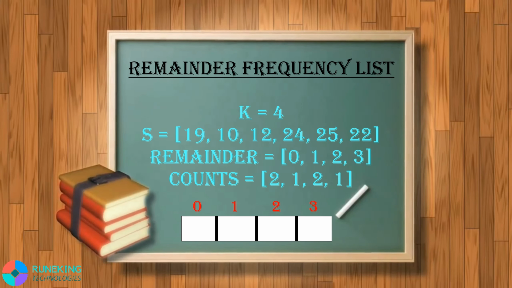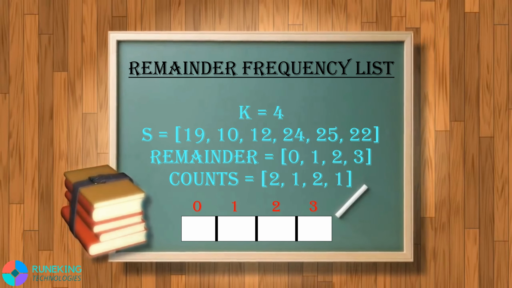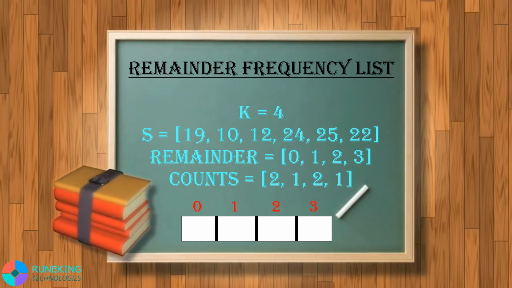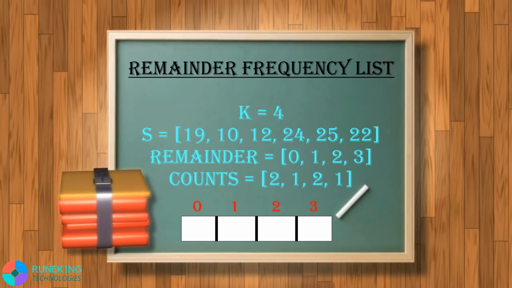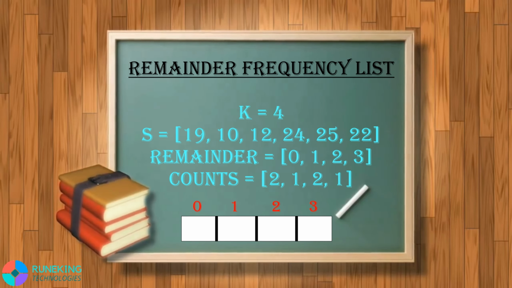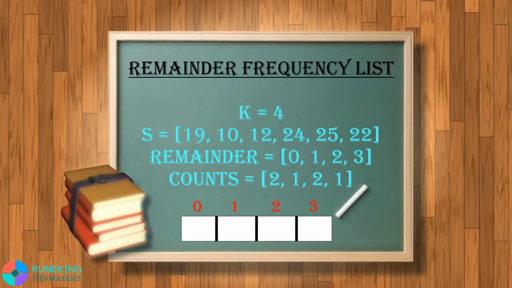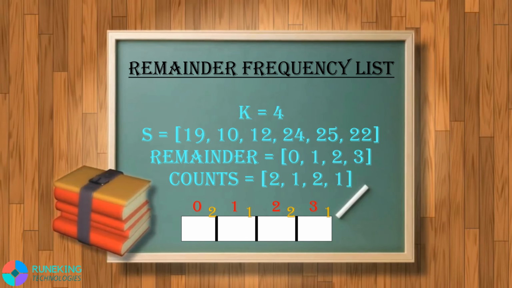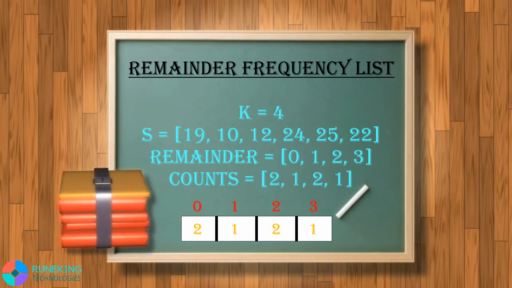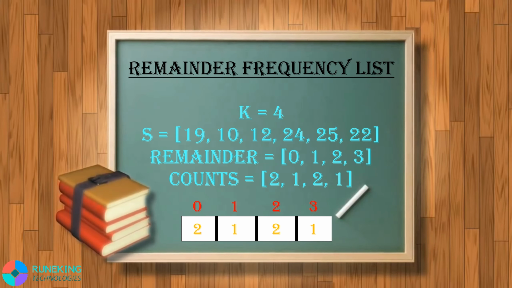The numbers stored in S will be divided by K, and their remainder will be used as the index position of the remainder frequency list. For example, if we take 19 and divide it by 4, the remainder will be 3. So the remainder frequency list at index position 3, which is initially 0, will be increased by 1, so it will become 1.